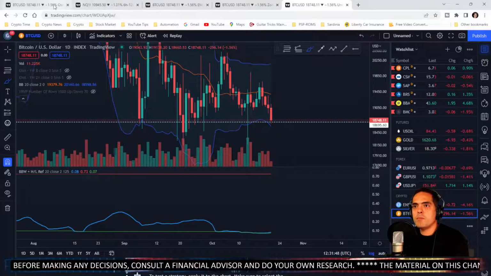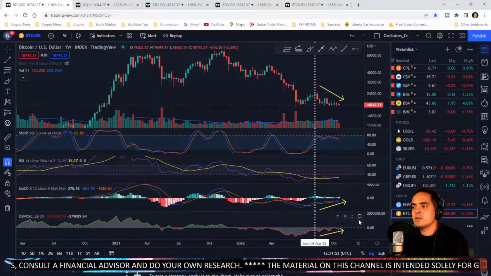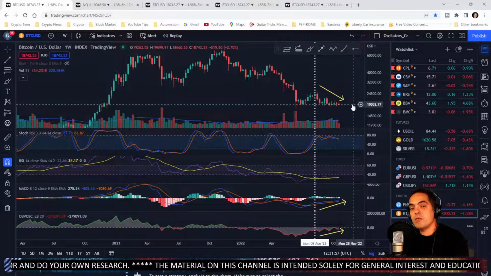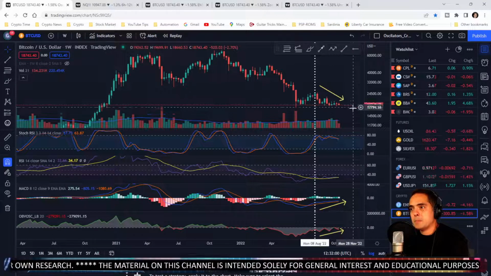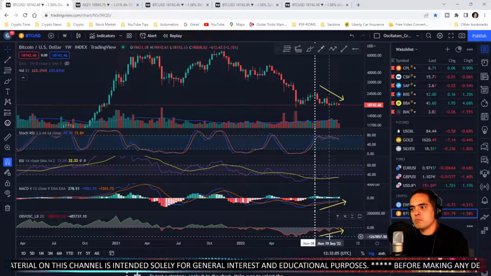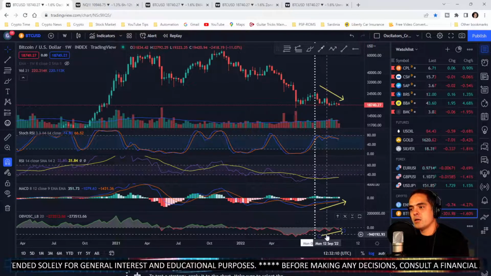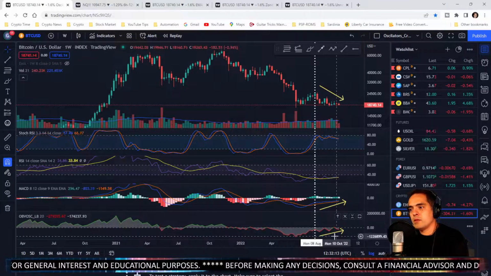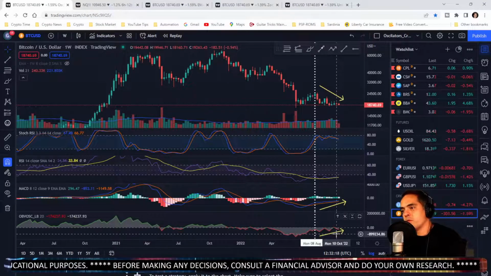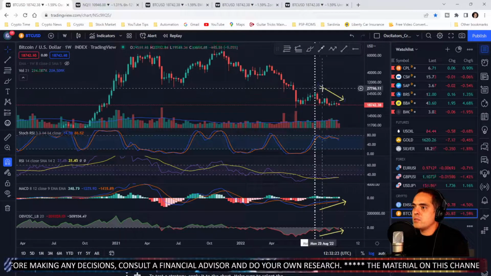Here we have oscillators, and this is the weekly chart, which is very important for the medium to long term. Let's start from the bottom. We have the OBV oscillator, and we see the increase in the buying volume on OBV here, and we see the price going down.